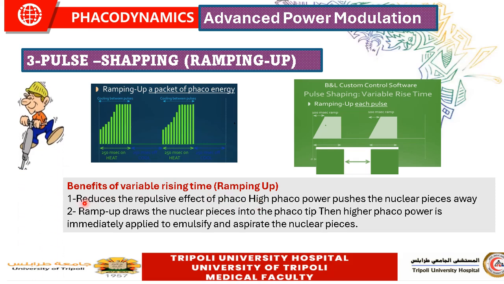Also, ramping up of the pulse allows time for the vacuum to attract and hold the lens fragment against the phaco needle to be emulsified by the next coming power of the pulse. So ramping up, or shaping of the pulse, is useful both in decreasing the repulsion effect of the ultrasound and in increasing the attraction of the fragment to the phaco needle. This is another way of advanced power modulation known as shaping of the pulse.